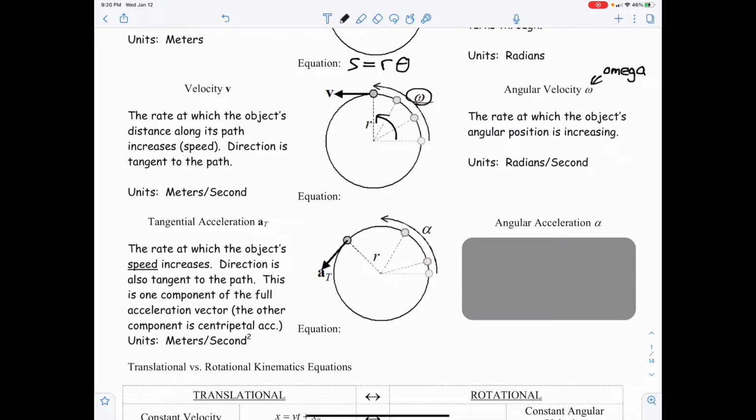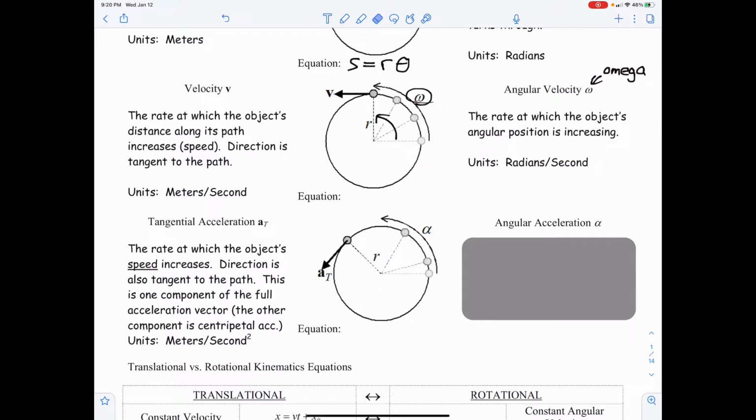That's the rate at which the object's speed increases. Again, the direction is also tangent to the path, and this is one component of the full acceleration. The other component is called the centripetal acceleration, meaning the total acceleration would be tangential acceleration and centripetal. We'll get to more of that in just a moment. The unit is still meters per second squared.